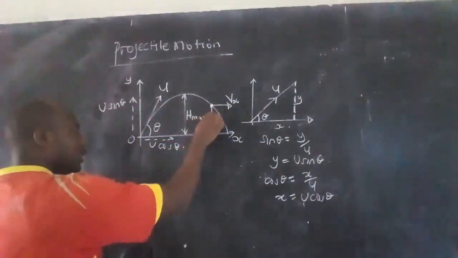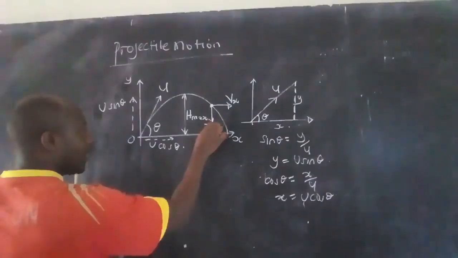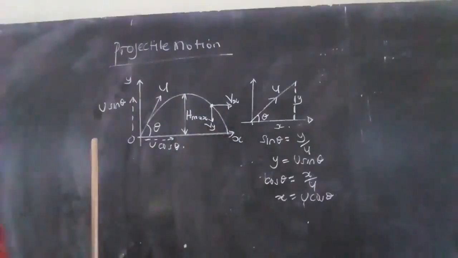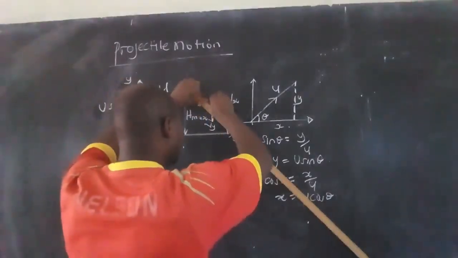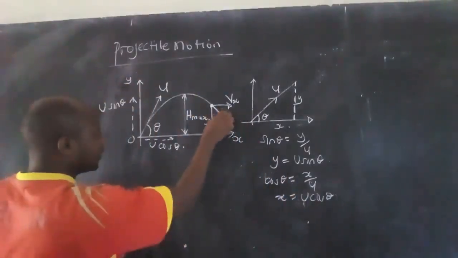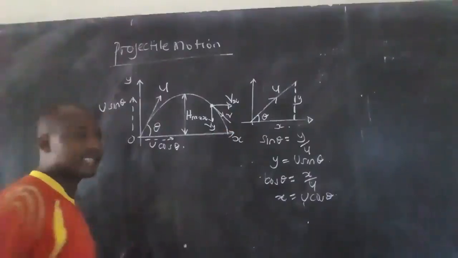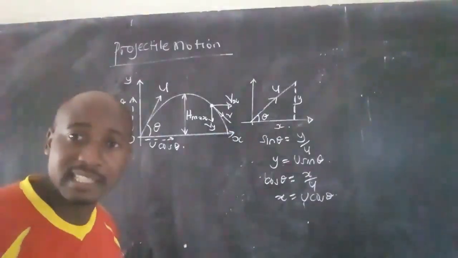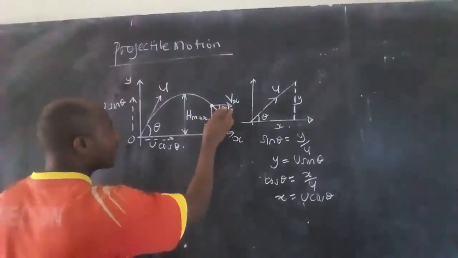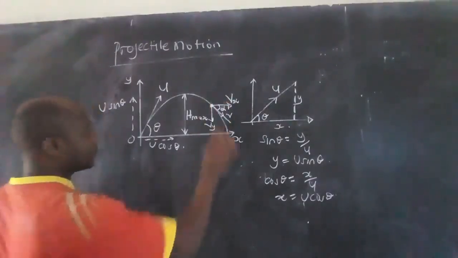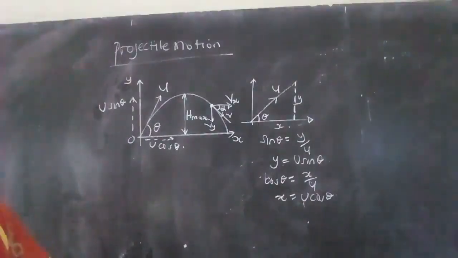Then under vertical direction, we shall have Vy. So before hitting the ground, it has the final velocity. This will be the final velocity in that direction. The final velocity, we can call it V. Now, since this is a resultant of the two velocities, it means that there must be a direction alpha to the horizontal.